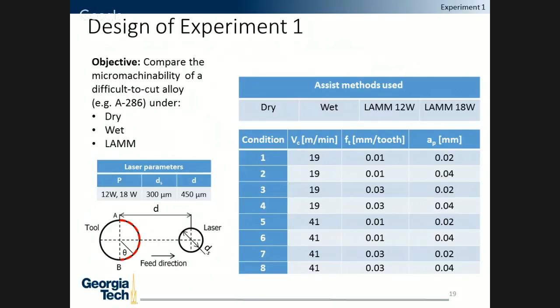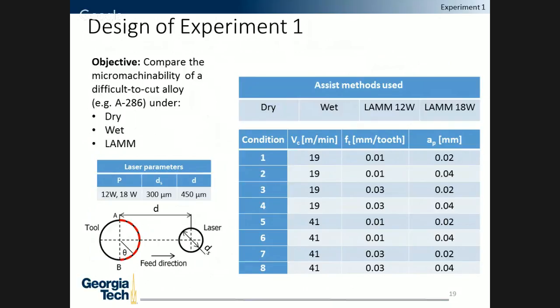And the laser was pointed at 450 microns in front of the tool with a spot size of 3. And these laser parameters were based off prior work using a thermal mechanical model produced by previous students.